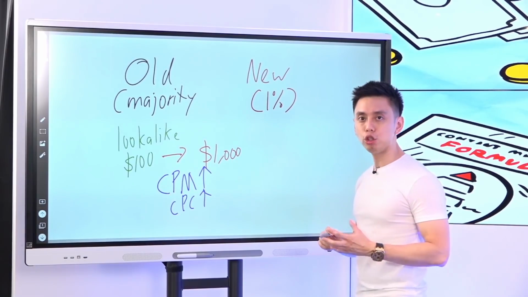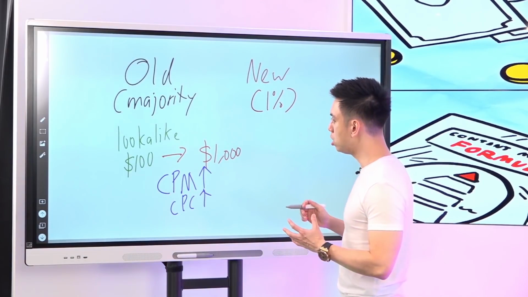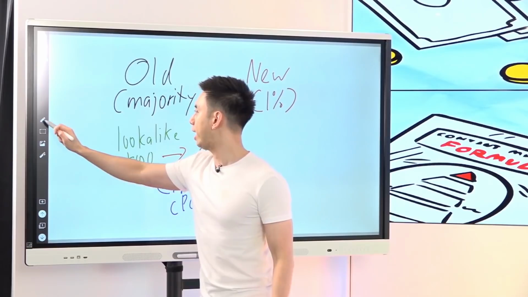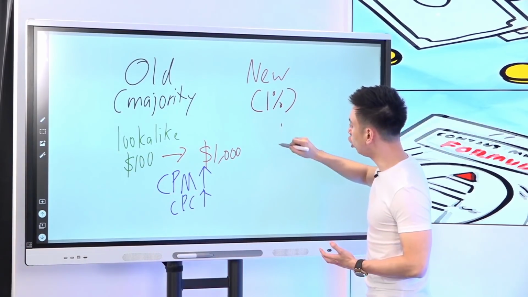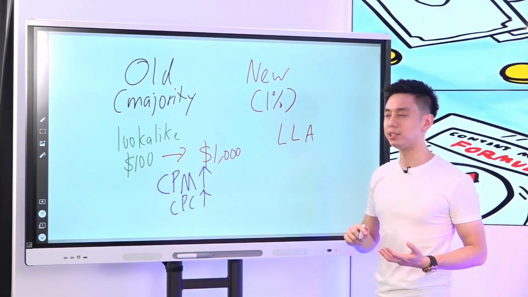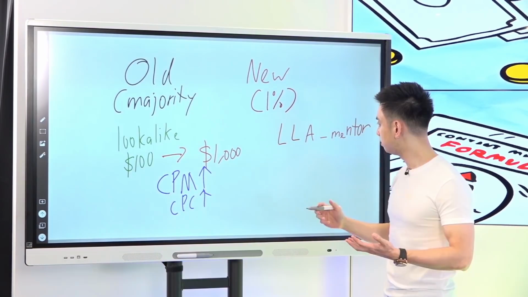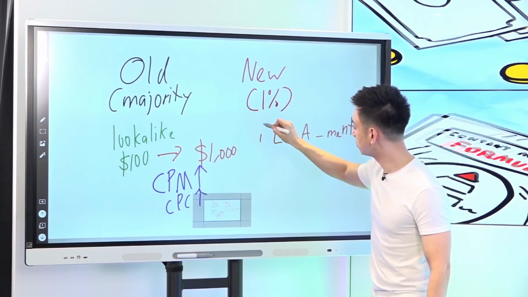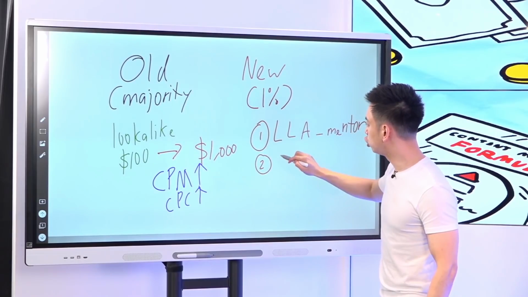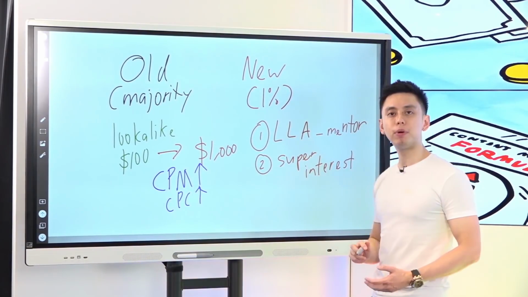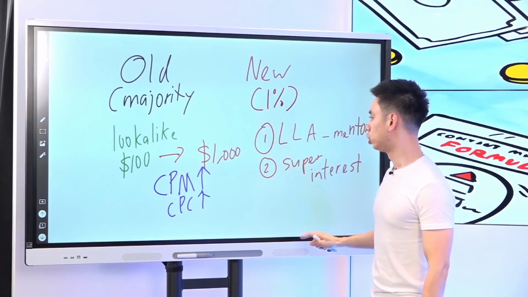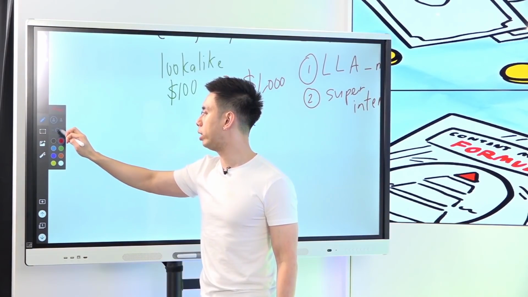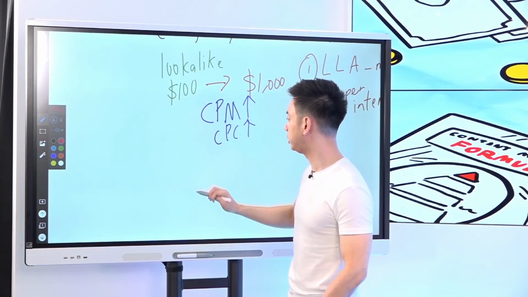So how do you actually utilize this CBO using this guided ad set structure? Use this lookalike audience as the mentor, right? Remember, there are 3 different audiences, okay? The second one would be the super interest groups, the people that are proven to convert. So the old way marketers would do it, and the mistake they make, is, for example, they say, you know what?